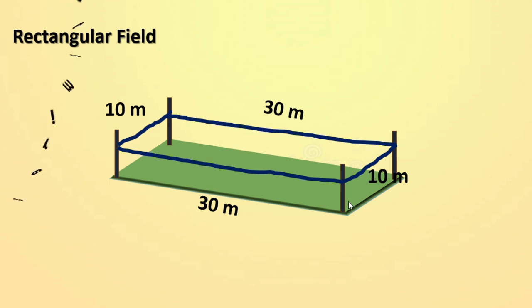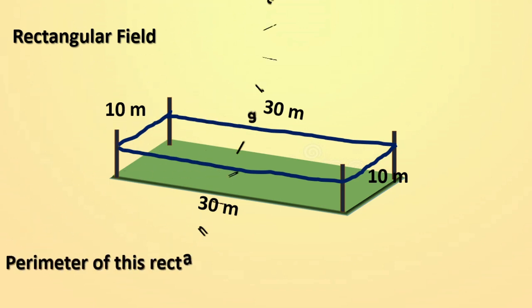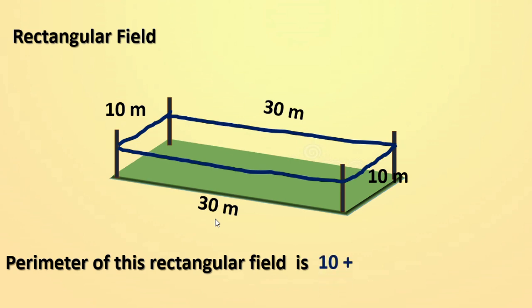Here the perimeter of this rectangular field is, come on tell me what to do here. Yes, very good. Here we have to add all these four measurements, isn't it? That is 10 plus 30 plus 10 plus 30, isn't it? Come on, tell me what is the answer here. 30 plus 10, this is 40 and this is 40.